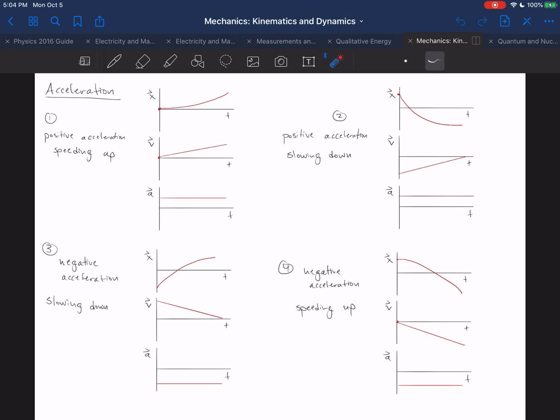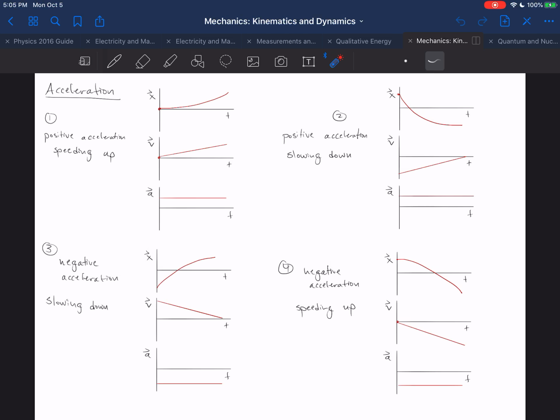What does a case of positive acceleration but slowing down look like? You say, I didn't know that positive acceleration could involve slowing down. The key to having a positive acceleration when you're slowing down is to start out moving in the negative direction, that is, to start out with a negative velocity.